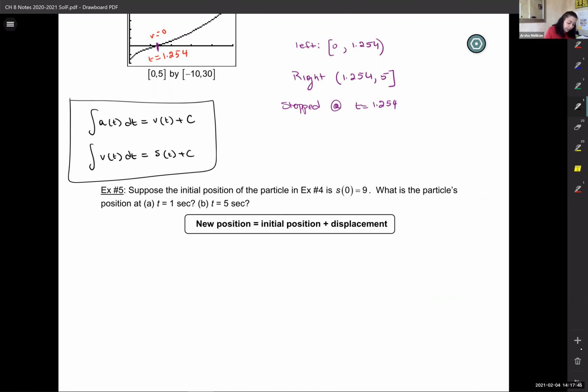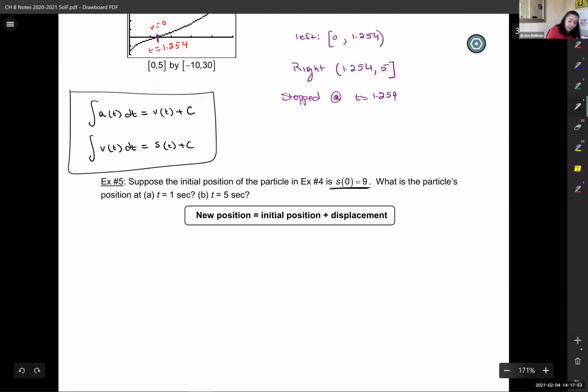Suppose the initial position of this particle in example 4 is s of 0 equals 9. And you want the particle's position at t equals 1 second and 5 seconds. So basically what you want is s of 1 and s of 5.